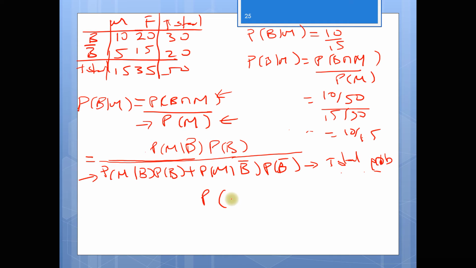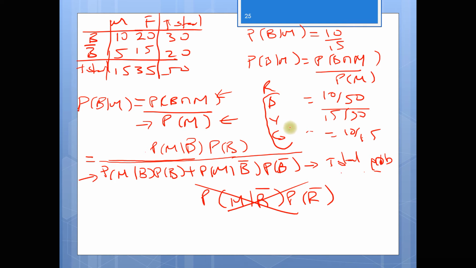You do not do like is a male given is not wearing red times the probability of not wearing red. Do not do that. If you have more than two events, if you have red, blue, yellow, and green, you cannot say that the blue and the yellow and the green can be encompassed into only this. This doesn't make sense. You can try it on a question, you will see that they are not equal.